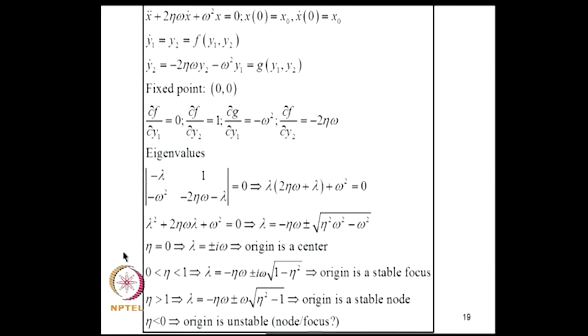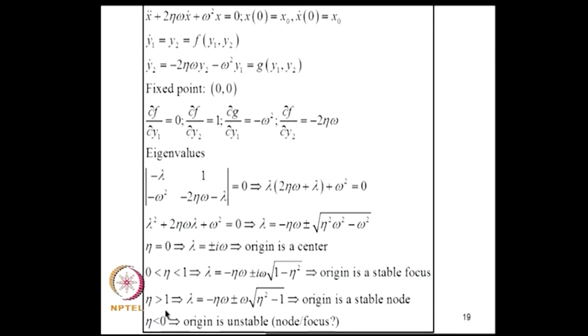Now, depending on the nature of this eta, there are different possibilities. If eta equal to 0, then lambda will be plus minus i omega. Then we say that the origin is a center because it is a pure imaginary number. On the other hand, if eta lies between 0 and 1, lambda will be given by minus eta omega plus minus i omega square root of 1 minus eta square, and since we were assuming that damping is positive, it lies between 0 and 1, therefore the origin is a stable focus.